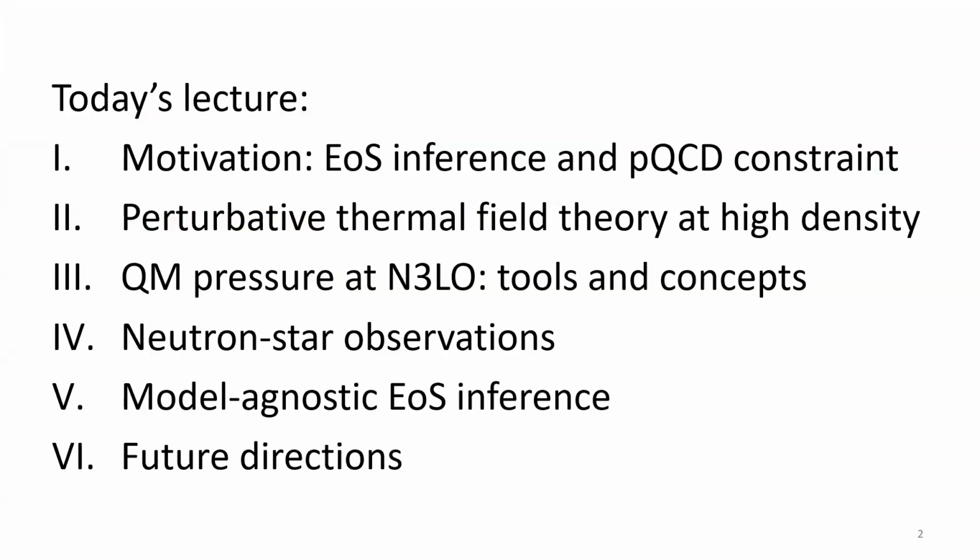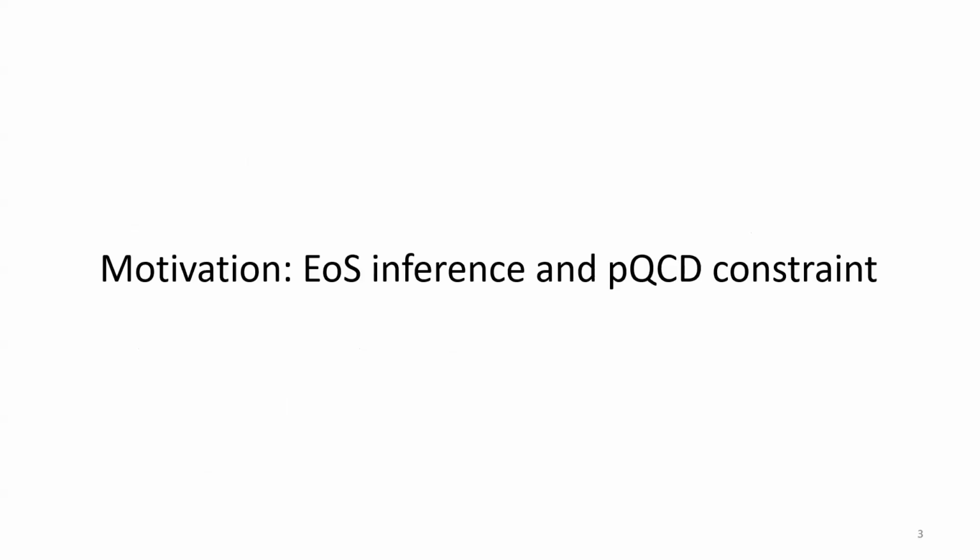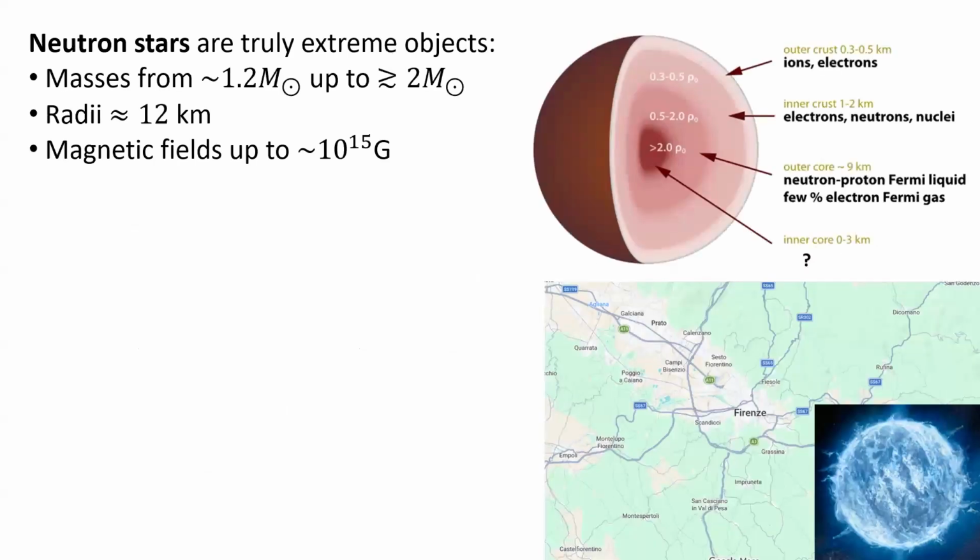Then I will walk you through the most important neutron star observations that we can use in neutron star matter equation of state inference, and finally I will present some relatively new results concerning what the equation of state of neutron star matter actually looks like, and how likely it is to have deconfined matter inside massive neutron stars. Good. So let's start from the very basics.